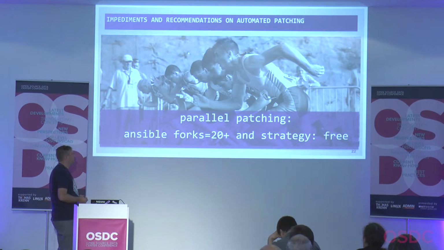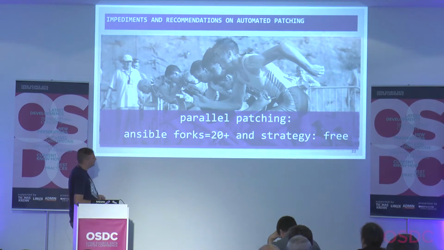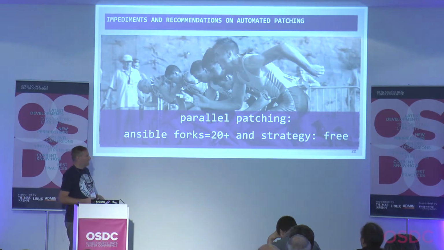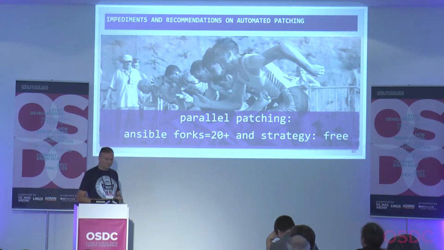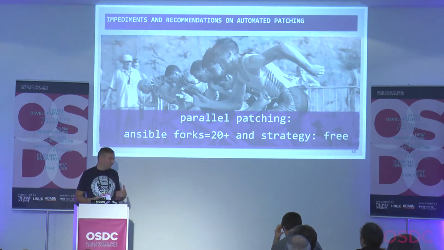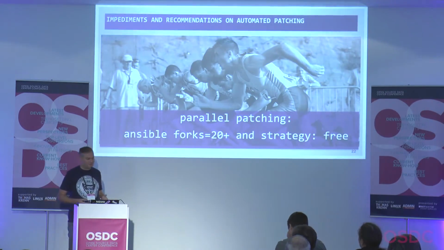And parallel patching is also important, because in an environment like ours, when you do patching one by one, this takes time, and Ansible also waits for the next host to patch if the other one is coming up and stuff like this.